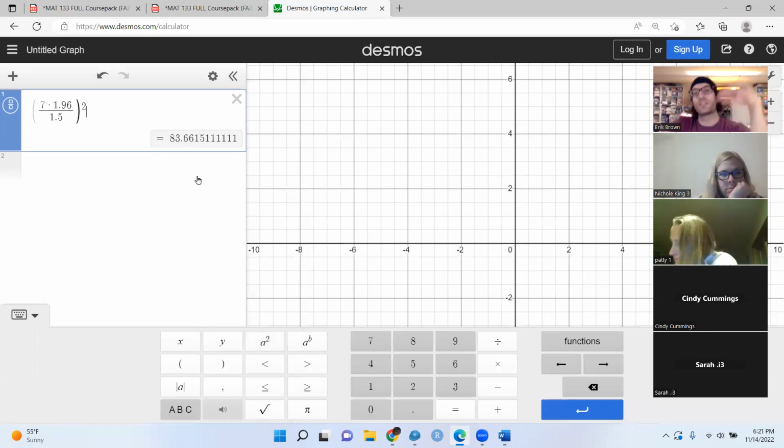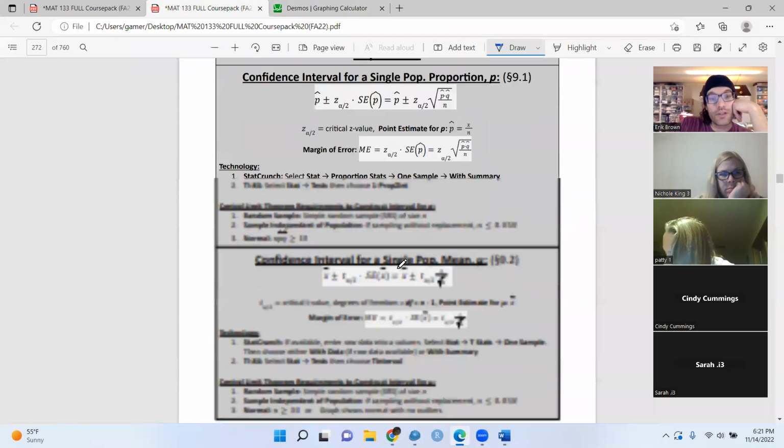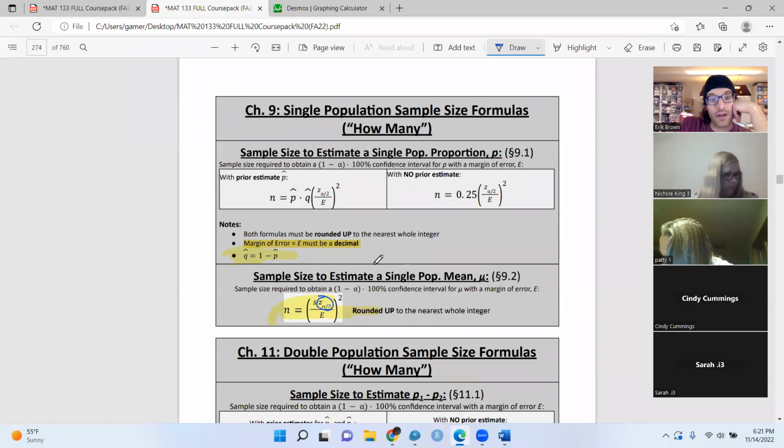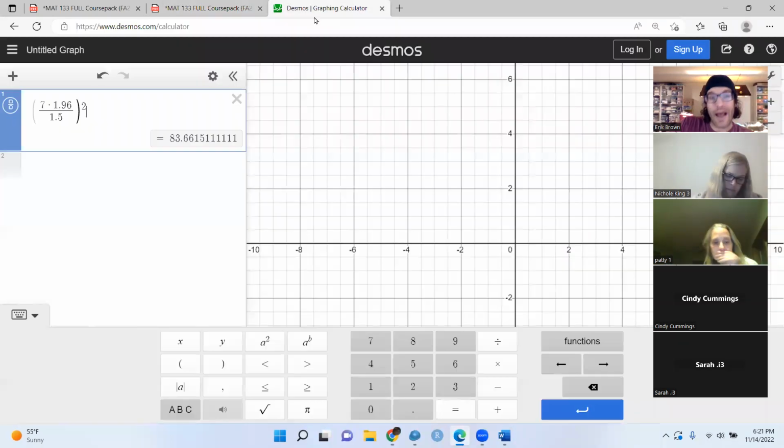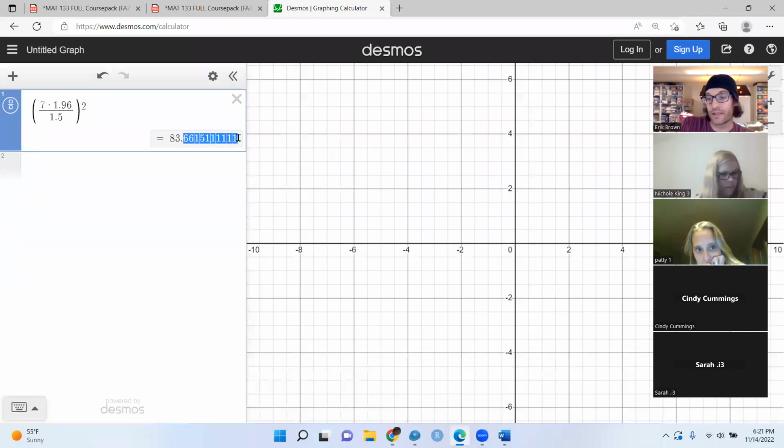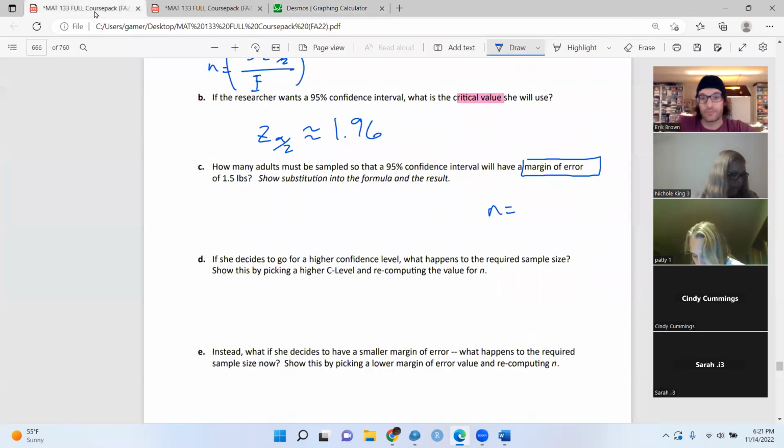Now, standard rounding rules say we should round this to 84. Our job is to always round up. It states that right here, round up. So it doesn't matter what the decimal is at the end. You're always just going to add 1 to the whole number. If it was 0.024, you would round this to 84, always and forever. So this is 84 adults. Is everyone happy?